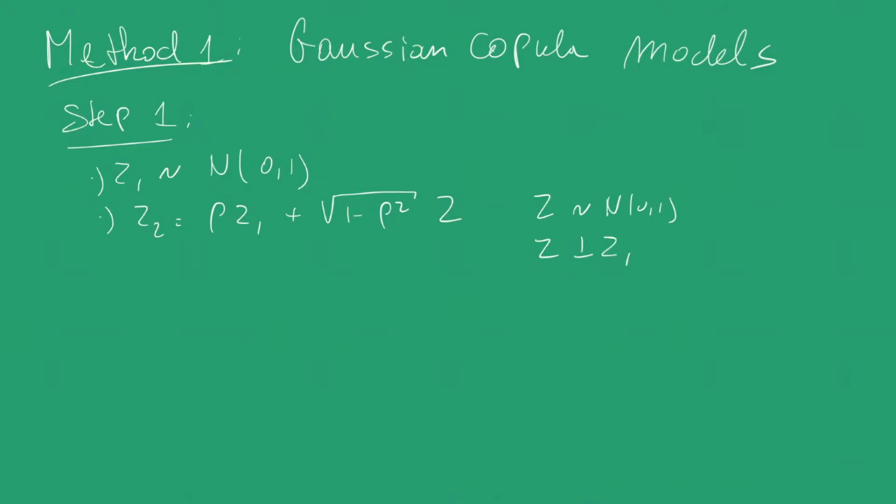So we create two normal random variables, mean 0, variance 1. We call these random variables z1 and z. And using z1 and z, we can create z2 using this parameter rho. We take a linear combination of z1 and z. And what we can prove is that this rho is the correlation between z1 and z2.